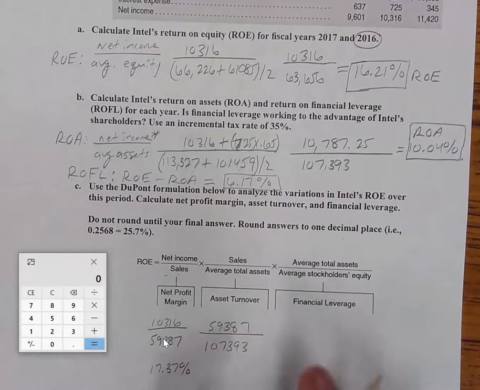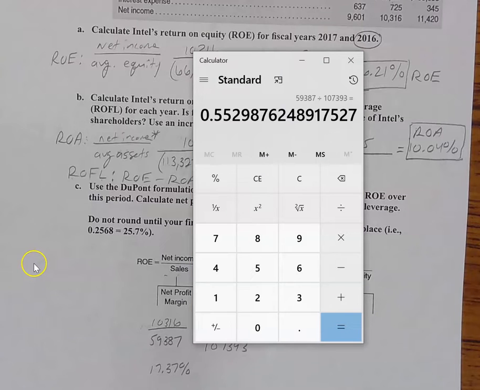Okay, so 59,387 divided by 107,393 equals, let's see what we have here.